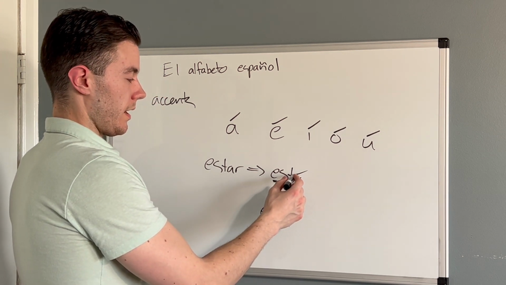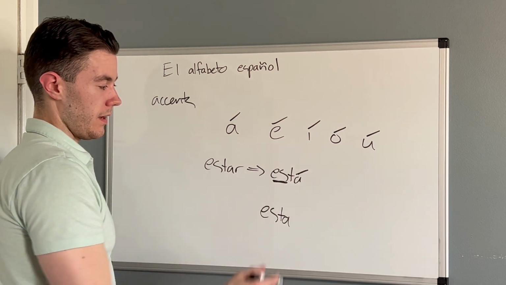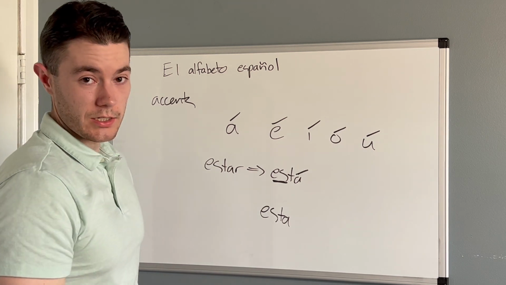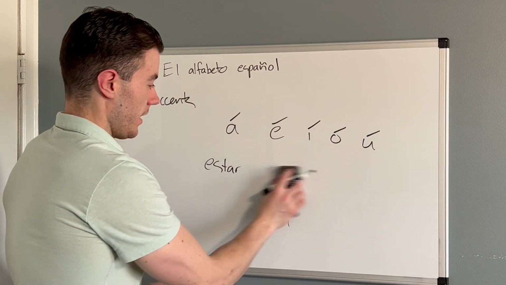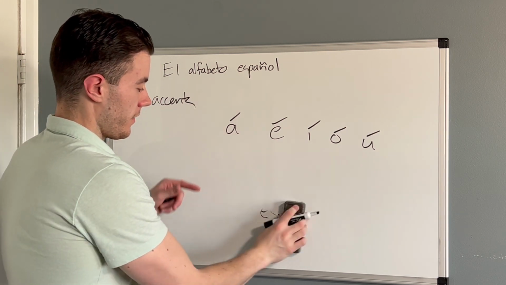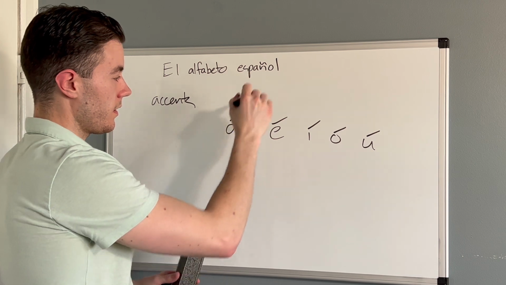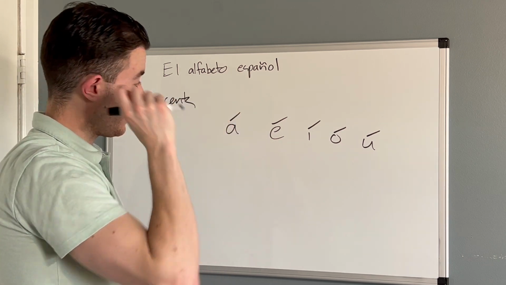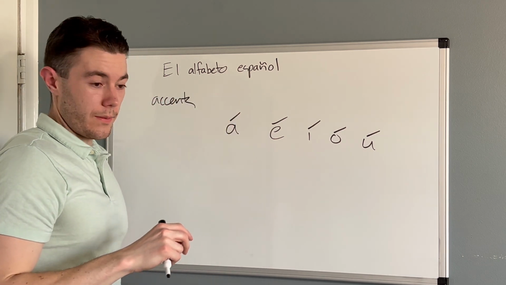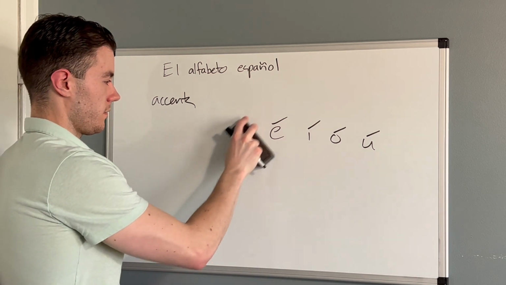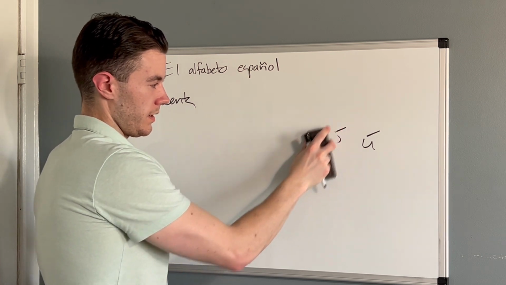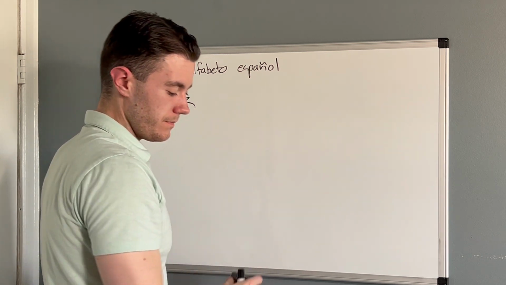So we need to have the accent mark on the A to indicate that. Does not change the pronunciation, just changes the stress. And again, the upward dash is the only accent mark found in Spanish, and it does not change the pronunciation of the vowel, only indicates that it is stressed.